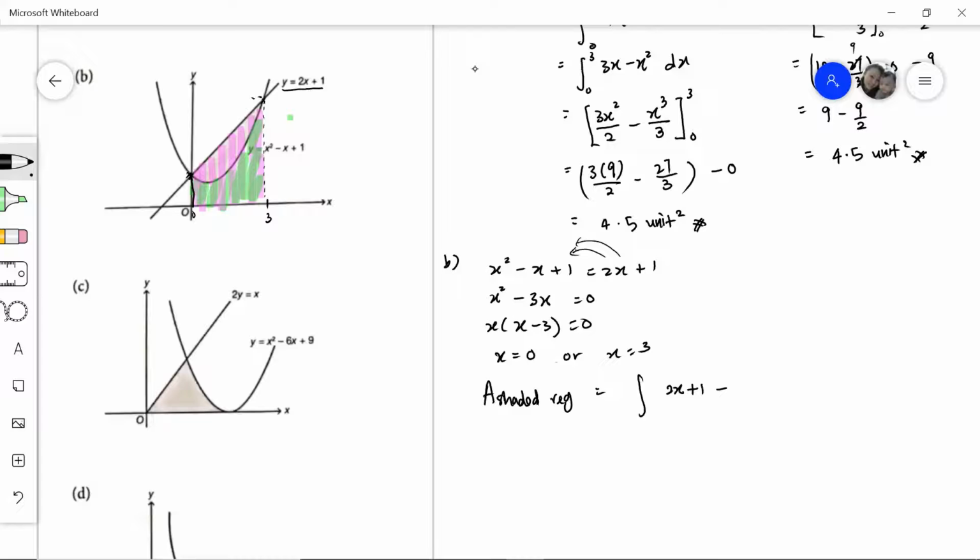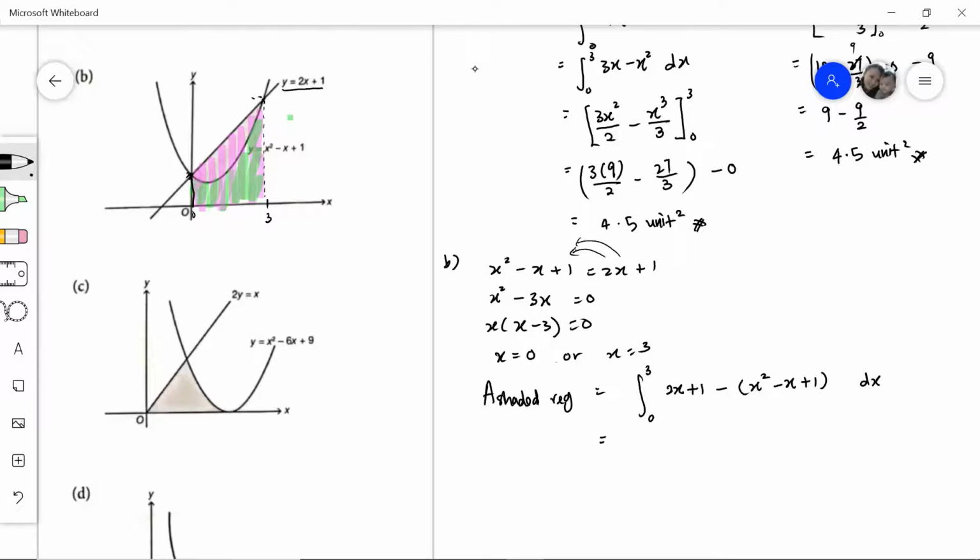We have to take away the green part so that we're left with the pink part. We minus the curve from the straight line, not the other way around. Towards the x-axis, our boundary must be on the x-axis, 0 to 3.